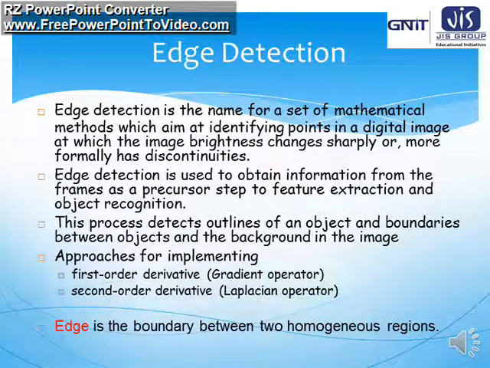So here we can see the edge detection technique. Edge detection is the name for a set of mathematical methods which aim at identifying points in a digital image at which the image brightness changes sharply or, more formally, has discontinuities.